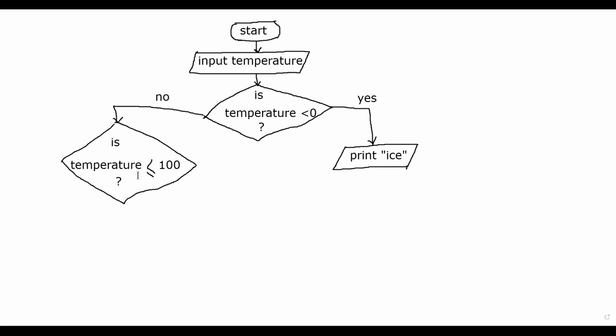When we say temperature less than or equal to 100, when we say yes, this side, what should be the output? That means the temperature is not less than 0, it's 0 or more, and then less than or equal to 100. Yes, Pramudi, as you said, it should be water. So we are going to say print water.